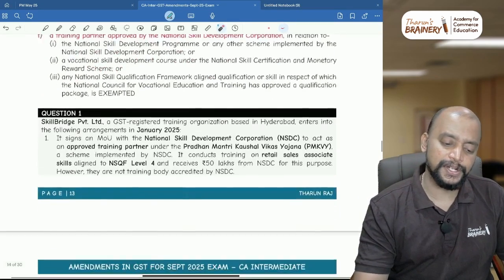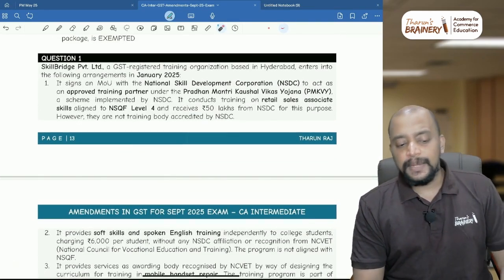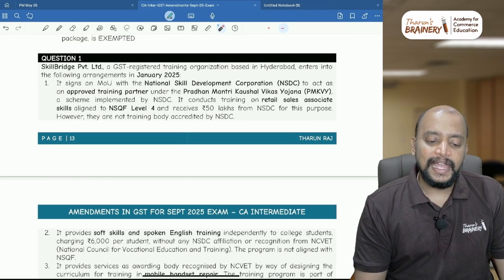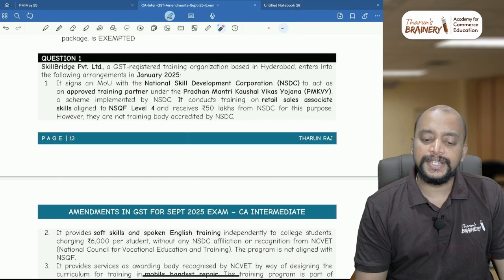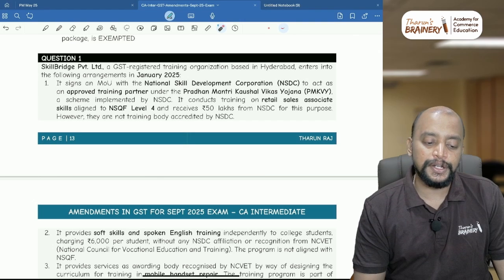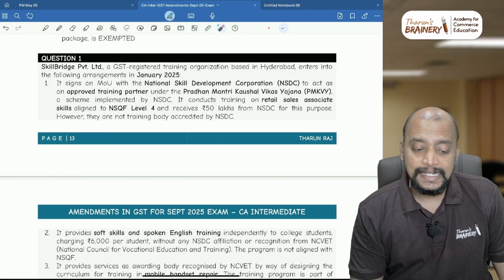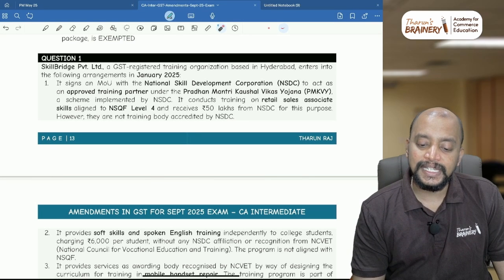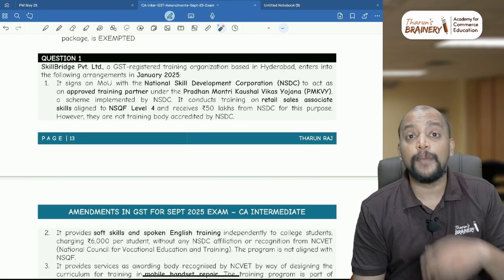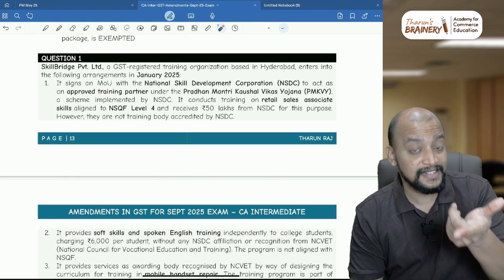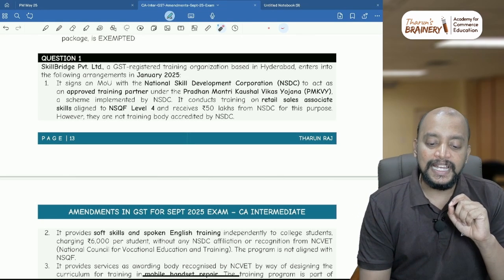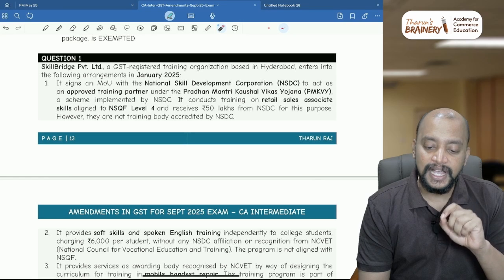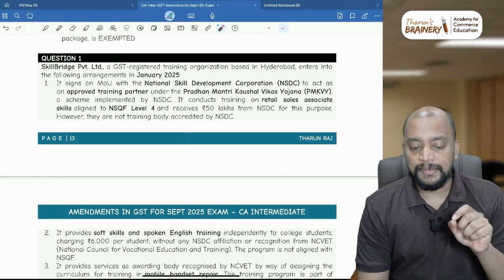Now look into this question related to this. Skill Bridge Private Limited, a GST registered training organization based in Hyderabad, enters into the following arrangements in January 2025. It signs a MOU with the National Skill Development Corporation to act as an approved training partner. It's an approved training partner under Pradhan Mantri Kaushal Vikas Yojana, a scheme implemented by NSDC.